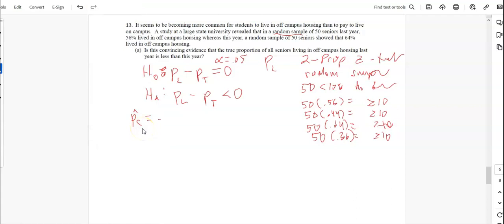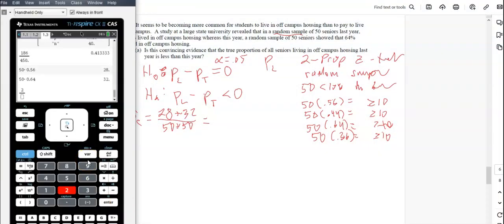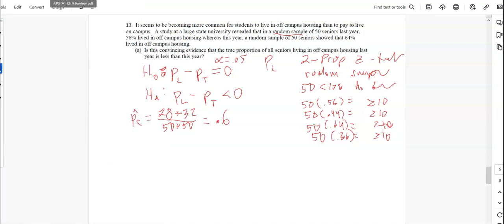The two individual numbers of successes are 28 and 32 over 50 plus 50. So in your calculator, that would be 28 plus 32 over 50 plus 50, which is 0.6. So our p-hat pooled, our common value, is 0.6.